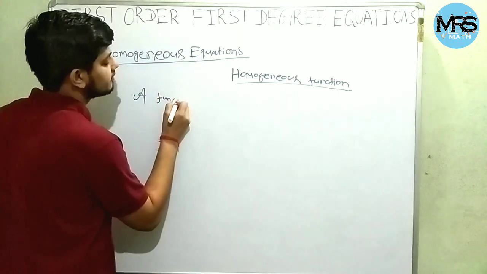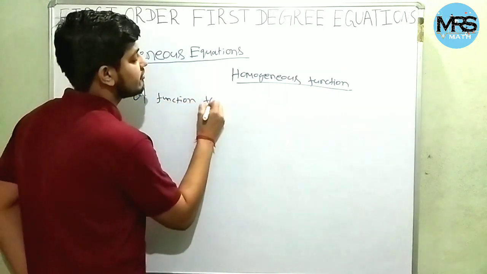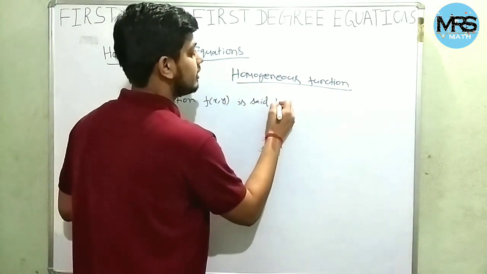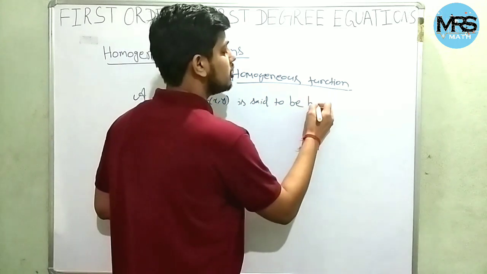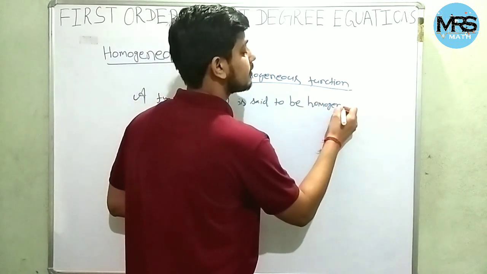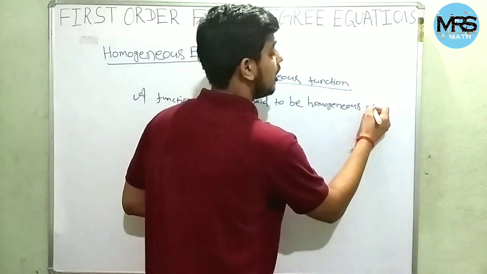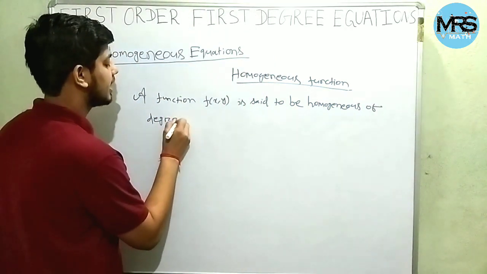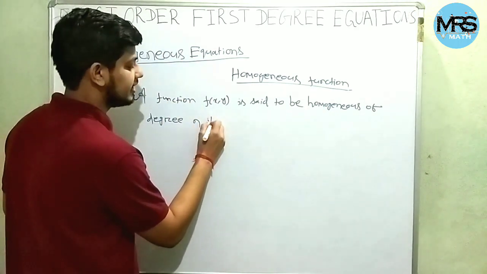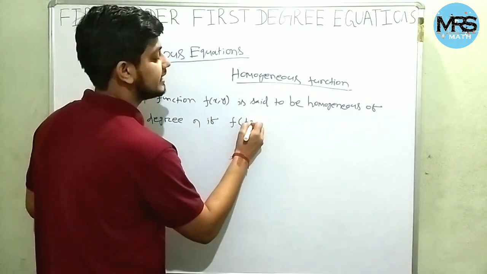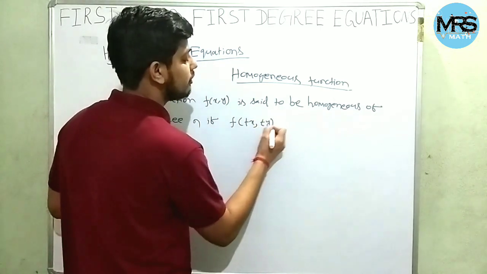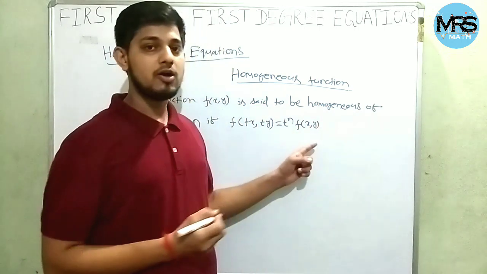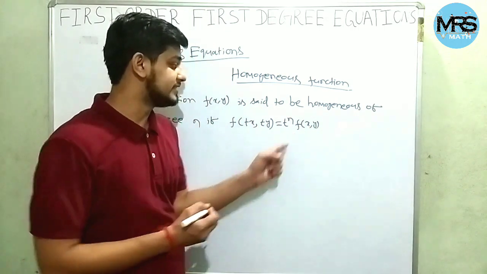A function f of x comma y is said to be homogeneous of degree n if f of tx comma ty equal to t to the power n f of x comma y. Okay, so what is this t?